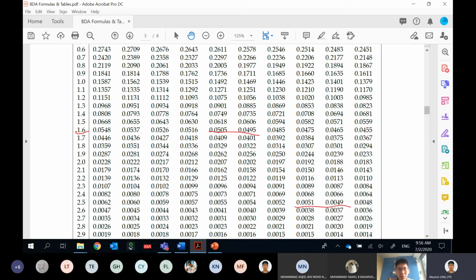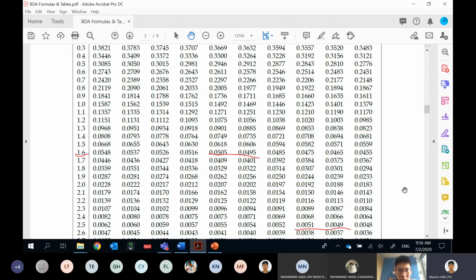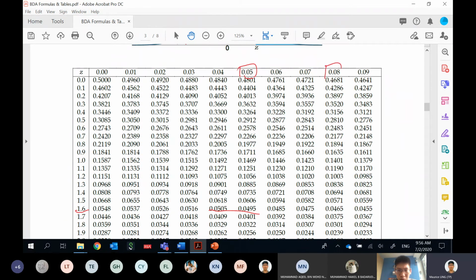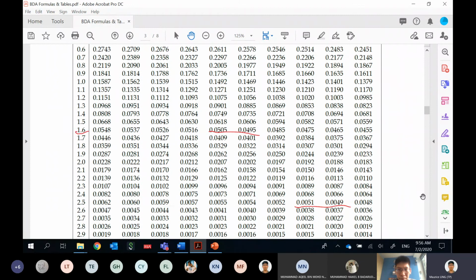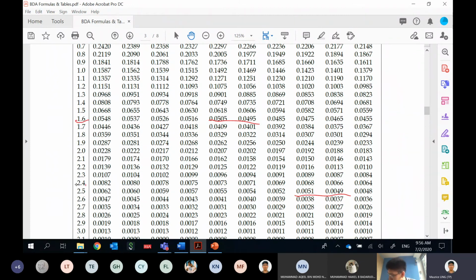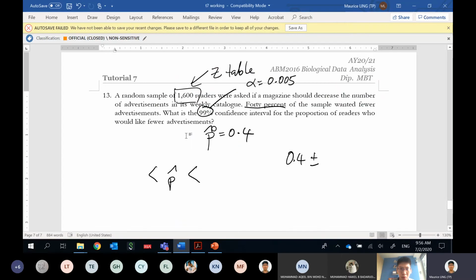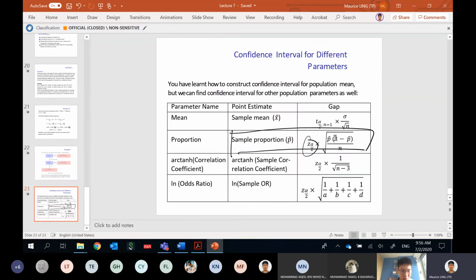Okay, so we always take the lower one, which is, in this case, 2.58. Okay, then we multiply by what is shown here.